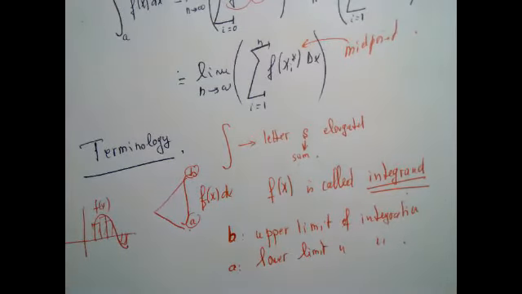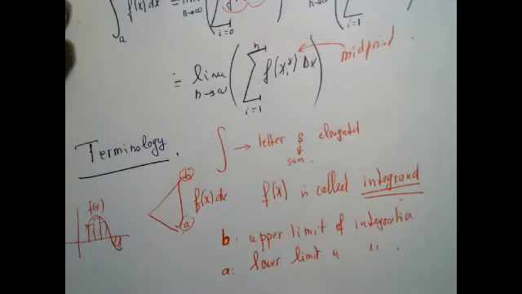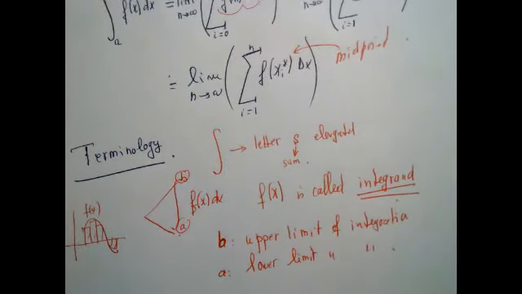Okay, so now we're going to do two things. First, we're going to estimate a definite integral, which I did a minute ago, and then we're going to interpret the definite integral graphically, geometrically. What is the geometric interpretation? Example number 1, before I interpret, no, actually let me interpret.